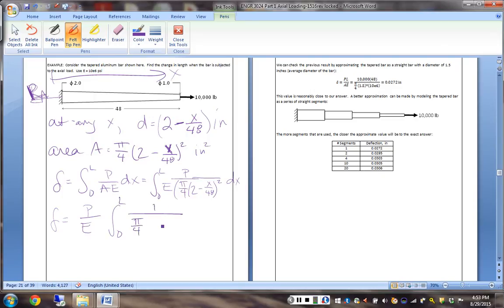Pi over 4, that's just a constant, times 2 minus x over 48 squared dx.